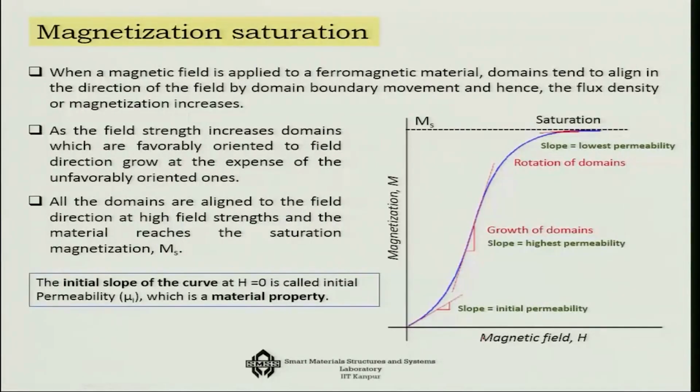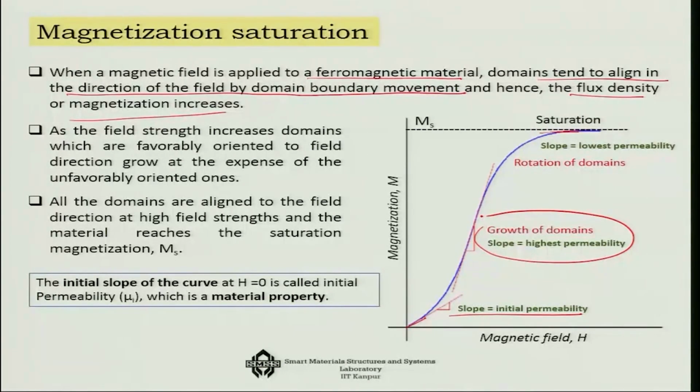Then the other part is the magnetization saturation. When a magnetic field is applied to a ferromagnetic material, these domains tend to align in the direction of the field by domain boundary movement, and hence the flux density or magnetization increases. This is just what I wanted to show you earlier: suppose this is your initial permeability, and then suddenly there is a growth of domains.